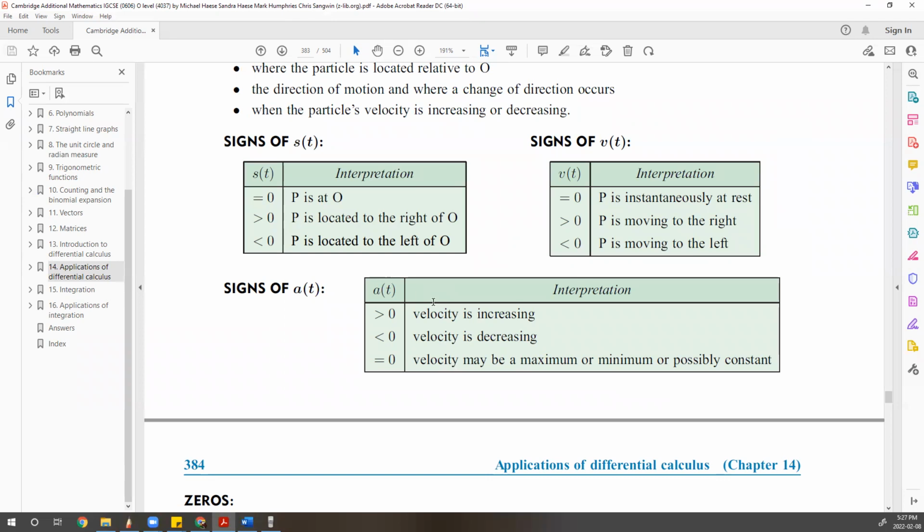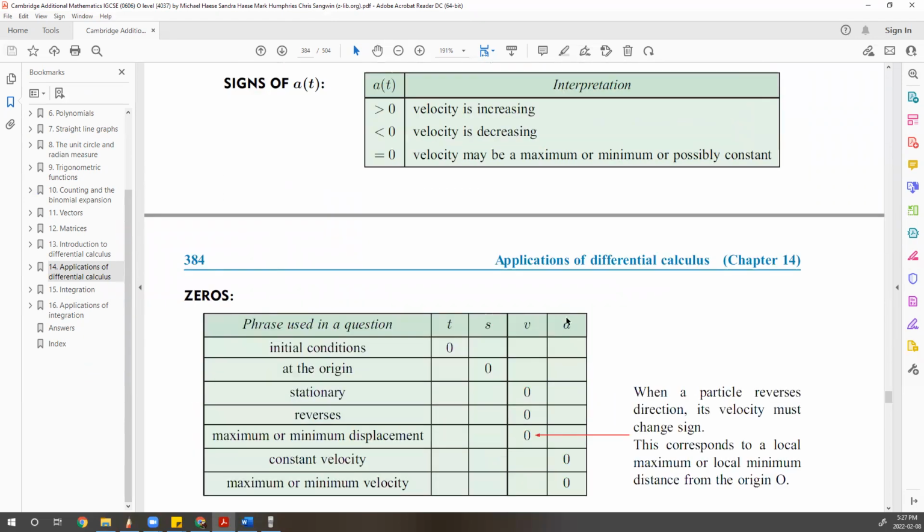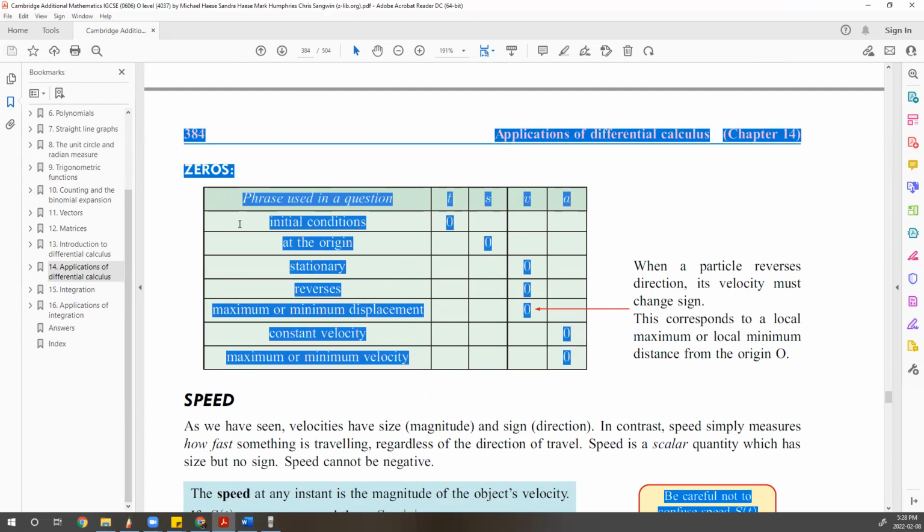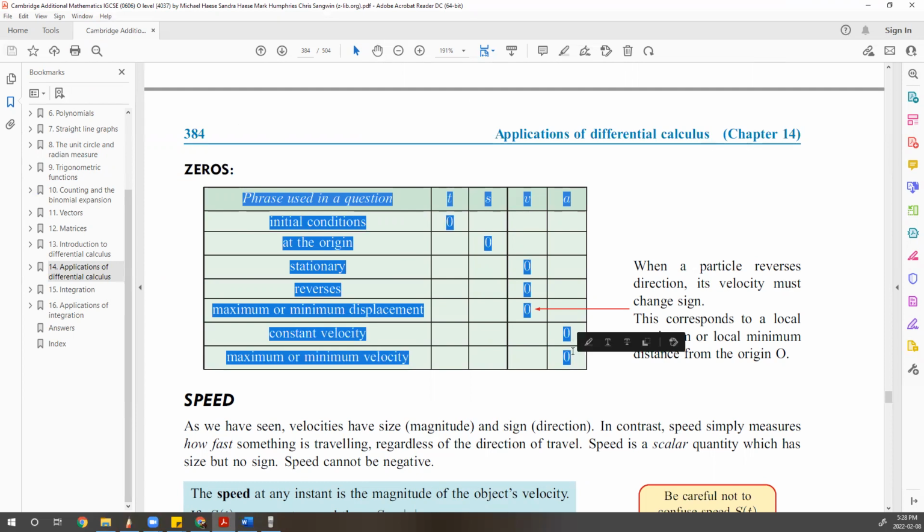I don't know what your teacher uses, deceleration or retardation; it's the same. I don't think we need to memorize this, but you know maximum or minimum displacement, optimization, remember? And constant velocity, maximum velocity, when a equals 0. So this is the memorization of zeros. I don't think we need to use this.